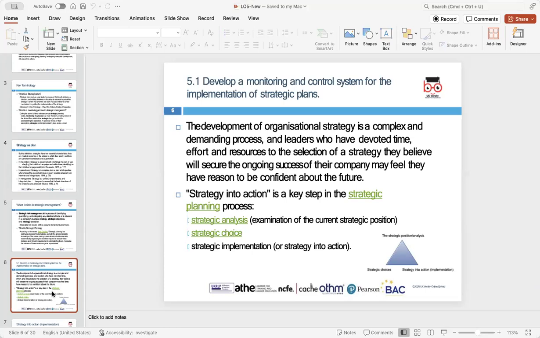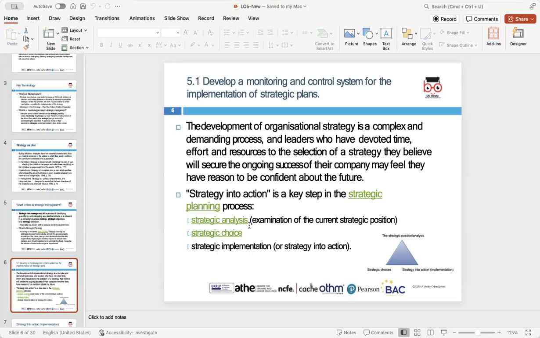The strategy into action process involves three key steps: strategic analysis, strategy choice, and strategic implementation. Strategic analysis means examining the organization's current position, including internal and external factors.